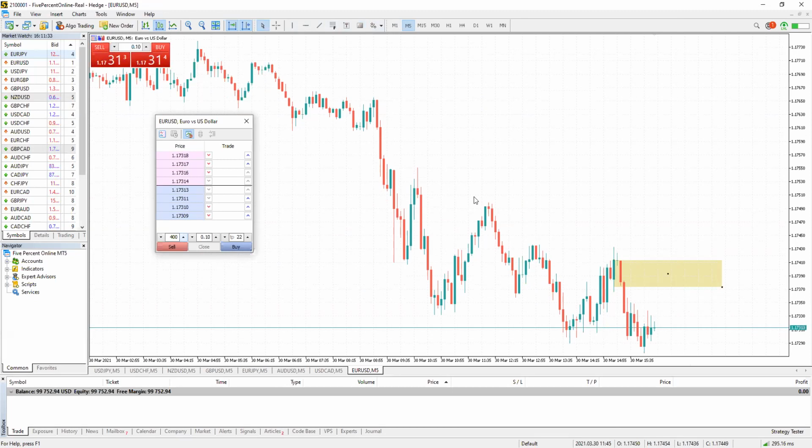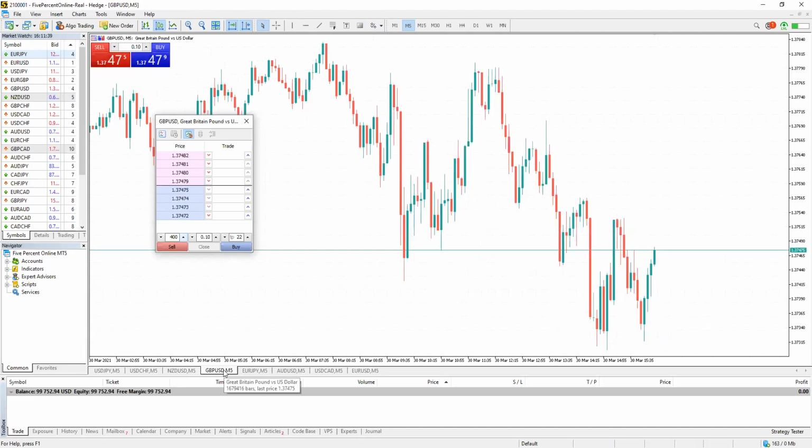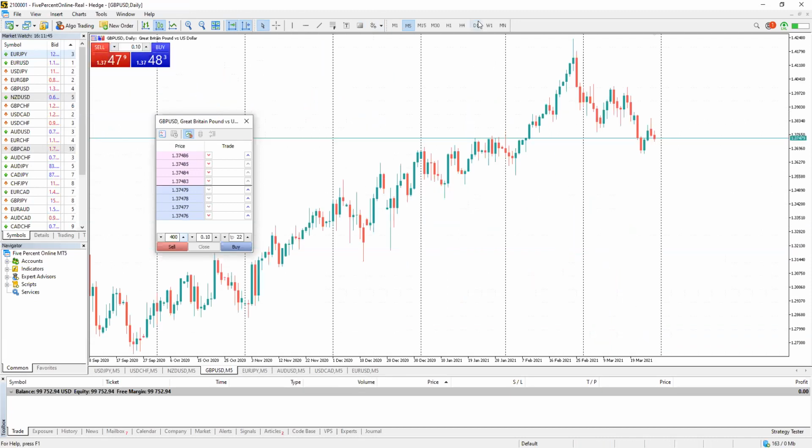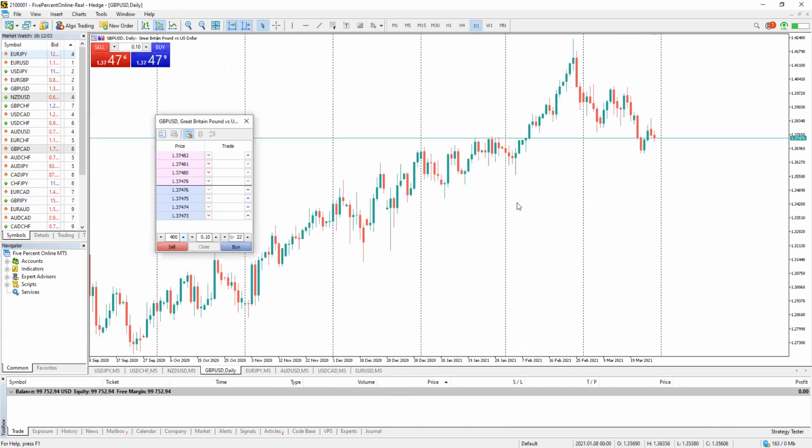Let's see, David, pound dollar sell possibilities, but what time frame are you looking at? Daily? Yeah, I see the selling potential on the pound.